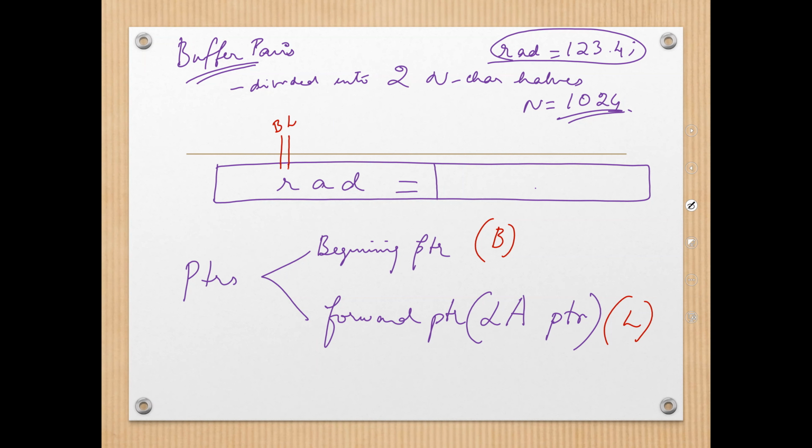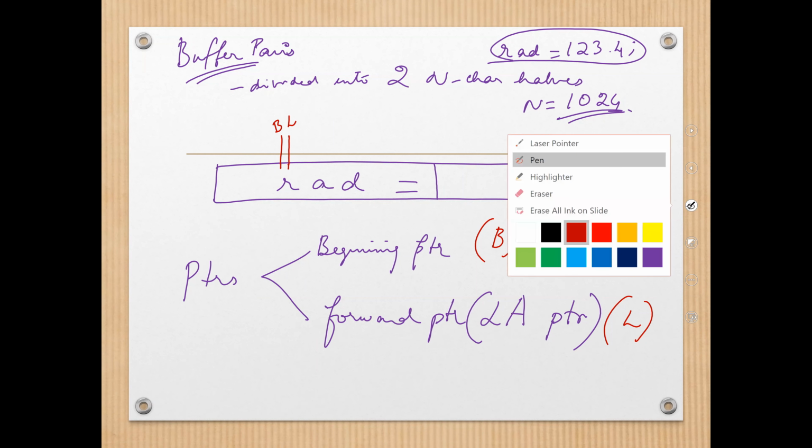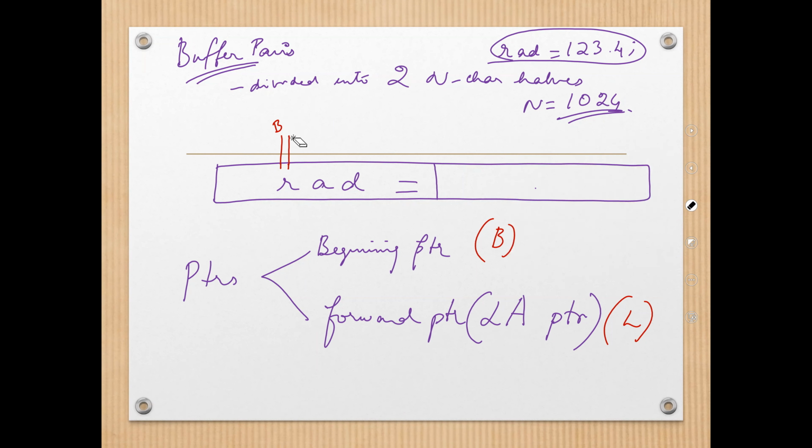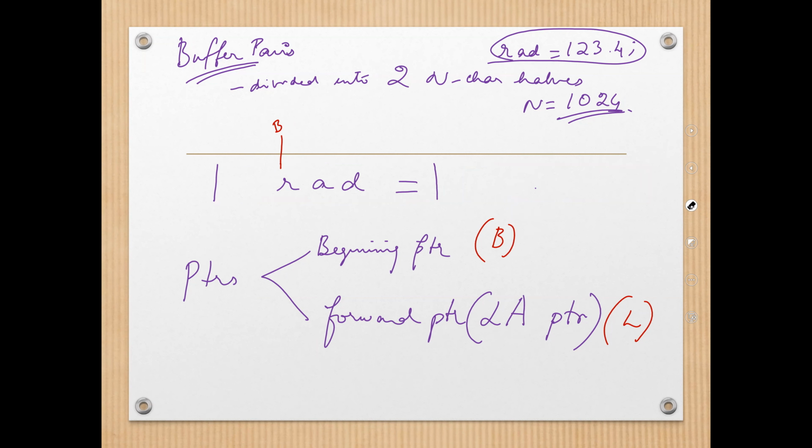Initially I have my B and L over here. Later, L moves to here, after which L moves over here, after which L is over here. Beginning hasn't moved, L goes on moving.